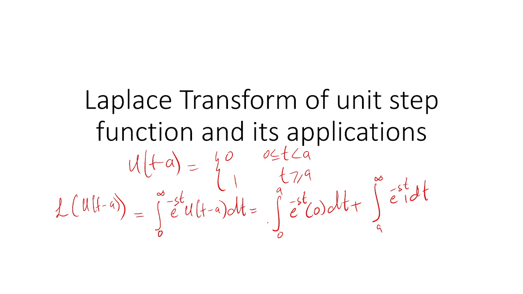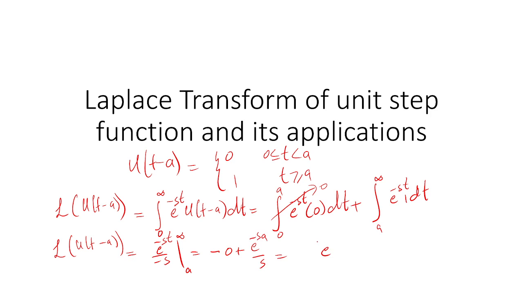So the first part is 0, and we get the Laplace transform of the unit step function equal to the integral of e^(-st) over -s from a to infinity. From the upper limit we get 0, and from the lower limit we get e^(-sa)/s. So this is the Laplace transform of the unit step function.